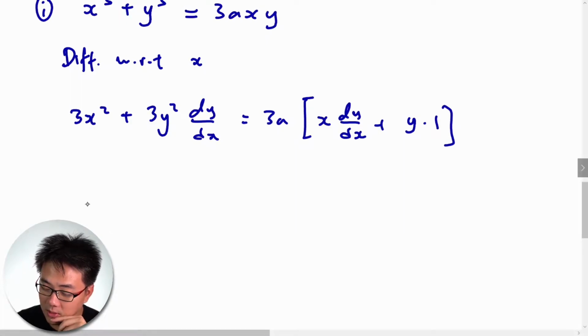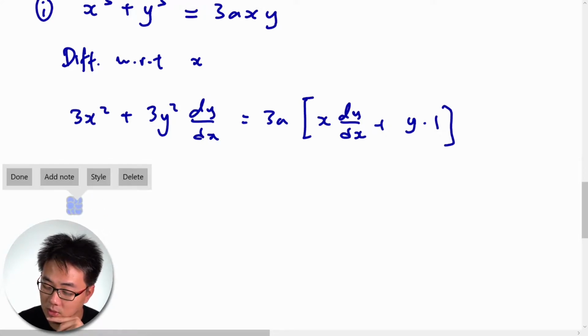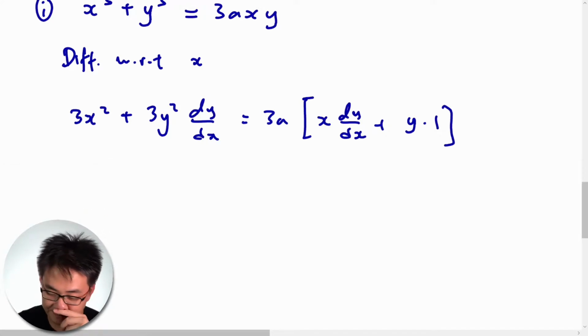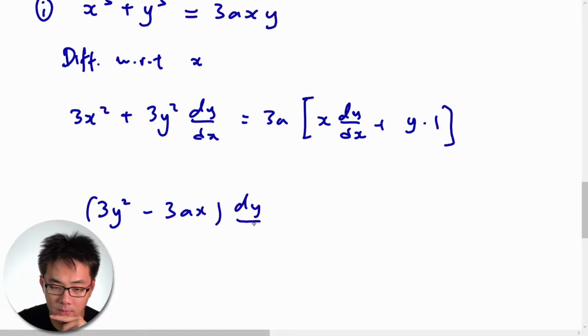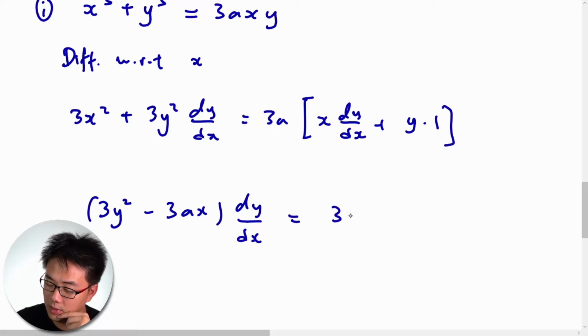Let's try x equals 0, y equals 0. It doesn't do anything. So I'm going to find my dy/dx first. 3y squared minus 3ax dy/dx equals 3ay minus 3x squared.